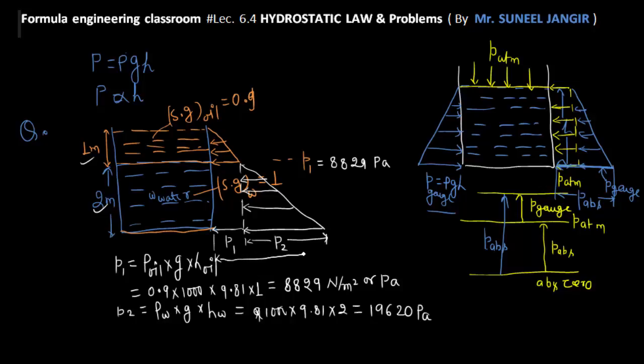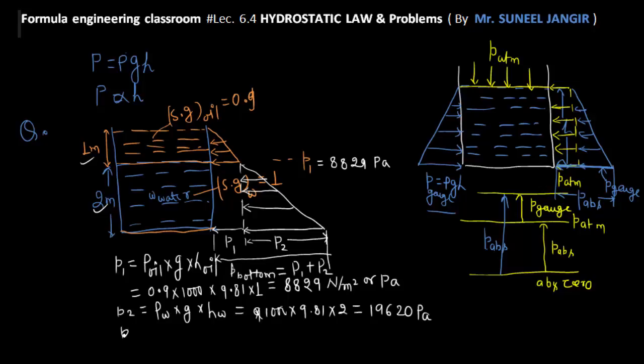At the bottom of this container, the total gauge pressure, from here to here, will be equal to the sum of P1 plus P2.